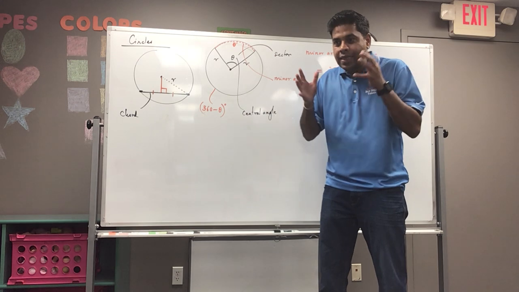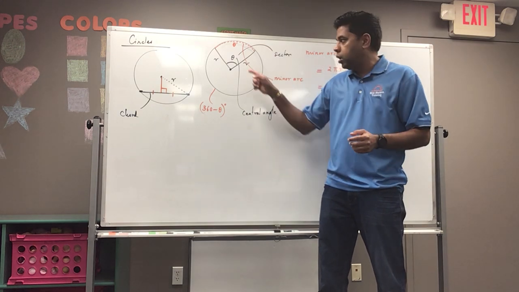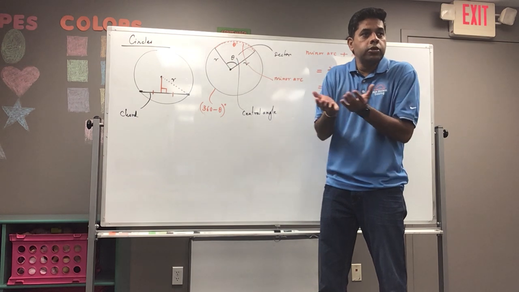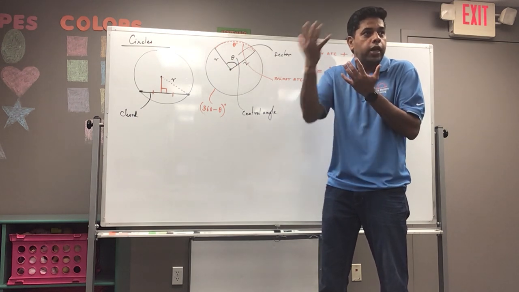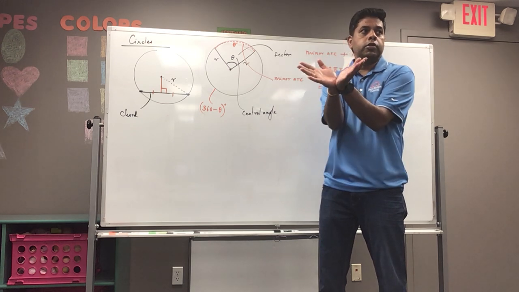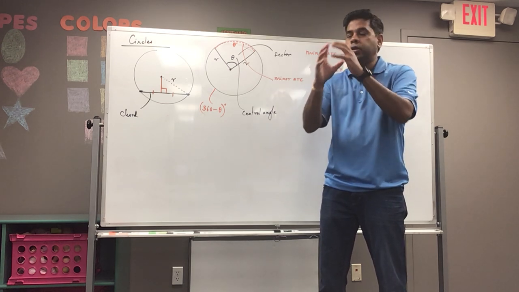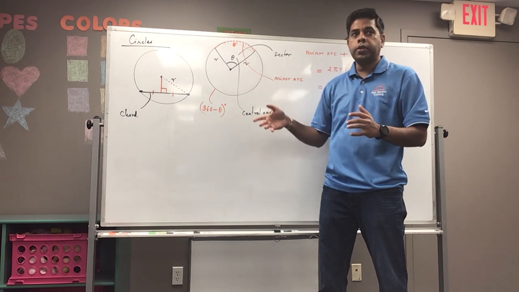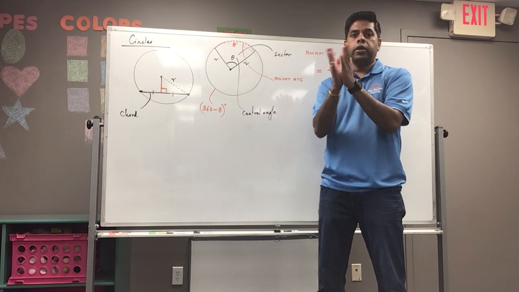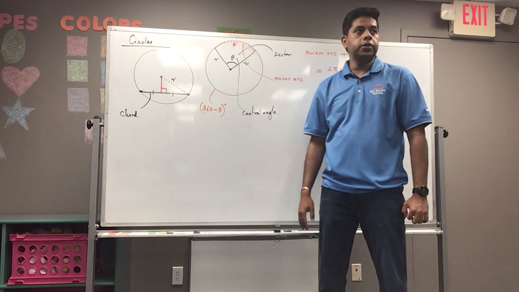And the fraction is decided by this angle. The denominator is 360, that doesn't change. More the angle, larger the sector. So the fraction is theta divided by 360, that decides the area or the arc itself. Make sense?